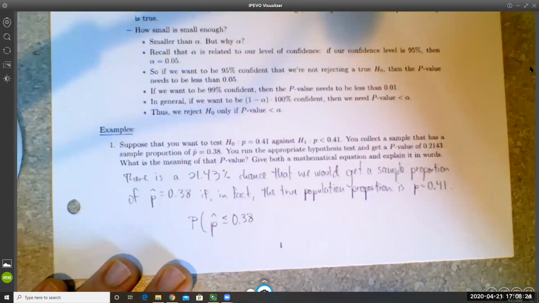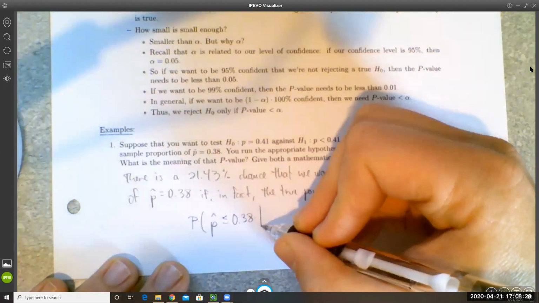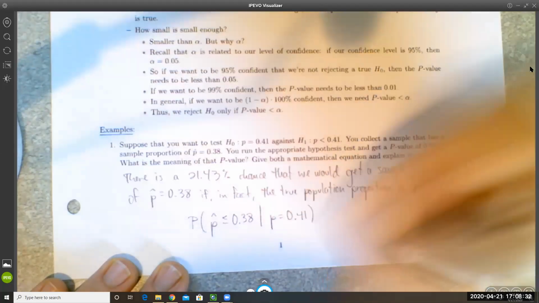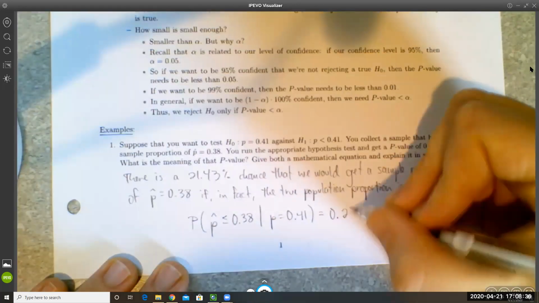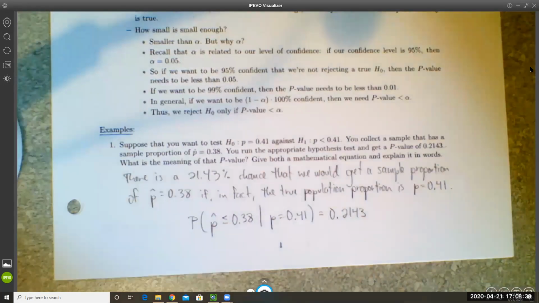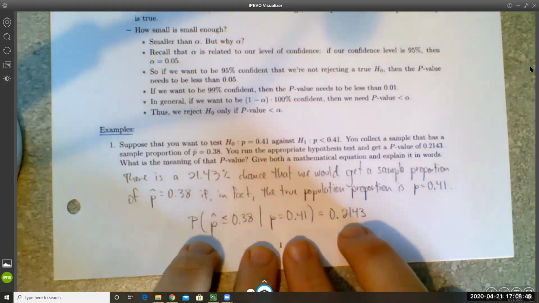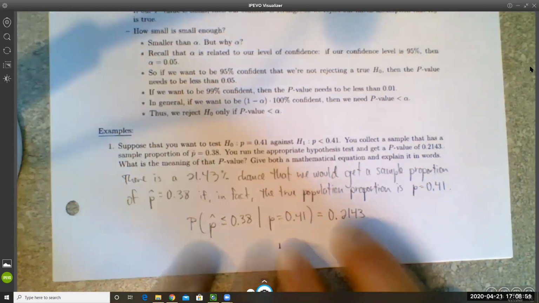So the probability that p hat is less than or equal to 0.38, given that the true proportion is 0.41, is 0.2143. Okay, so that's the mathematical equation that expresses that same idea. So aren't these symbols beautiful? Once you know what they mean, it makes it so much easier to express certain ideas, right?